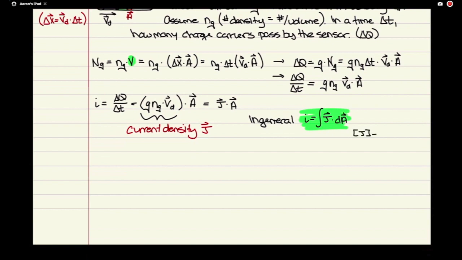Then units of J, you can see is just current per area. So amps per meters squared or something.